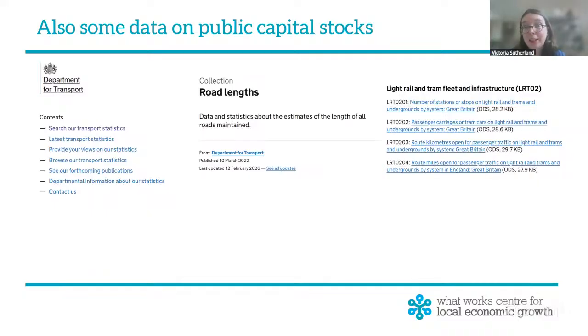It can give you data on all sorts of things, like how many miles of roads there are in any local authority area, and what the quality of those roads is, as roads get ranked from A downwards. They can tell you how many carriages there are in the tram and metro fleets in each of the urban areas that have them. You can also see how many stops there are, although I don't know why that's a data set, as I would assume someone could just count that. So there's stuff on capital stocks as well.